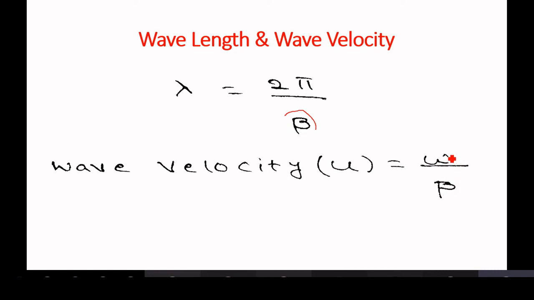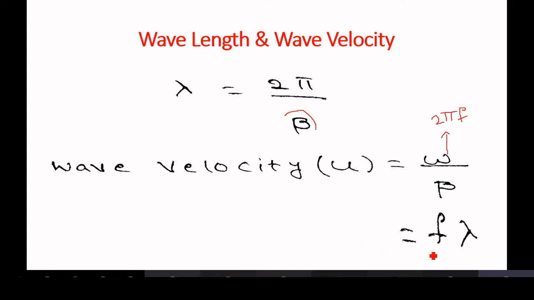If you express omega in terms of frequency as 2 pi f, and you write beta as 2 pi by lambda, then substituting beta in terms of lambda, the 2 pi will get cancelled and we will get f lambda.